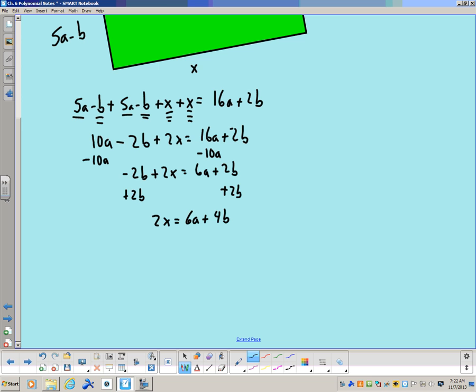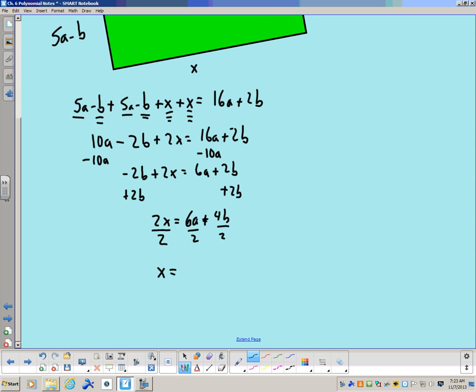And then notice I don't have x equals, I have 2x equals, and I'm supposed to solve for the length of the side. So I'm going to have to divide by 2 now because that 2 and the x are connected by multiplication, so I have to do the opposite. So I get x equals, and if you want, it might be easier for some of you to do it this way because otherwise you might forget: when you divide here by 2, maybe divide everything over here by 2.